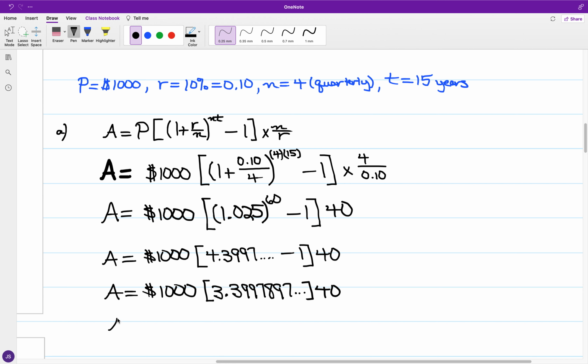So for the plan, the minimum future value is going to be right at $135,991.59.